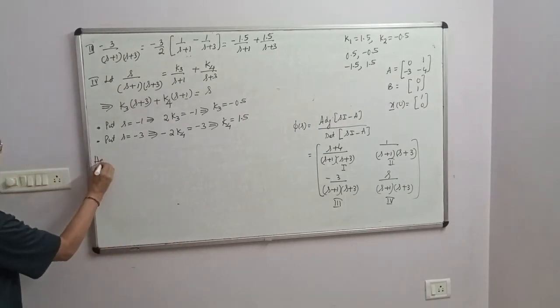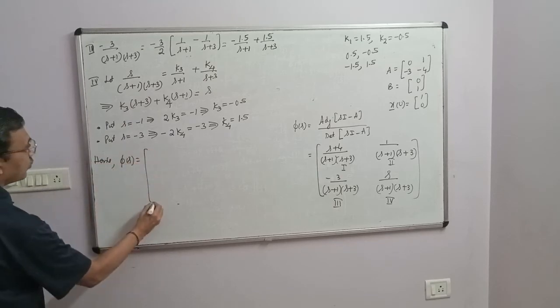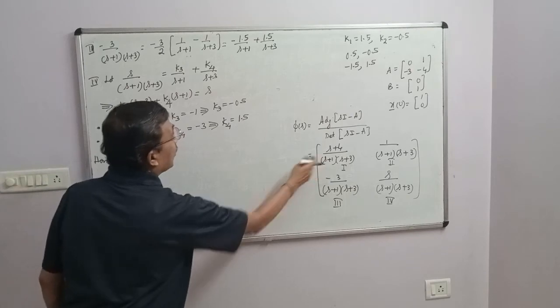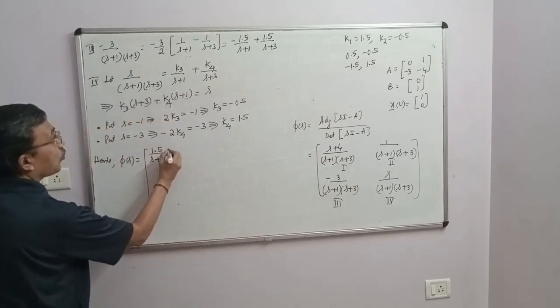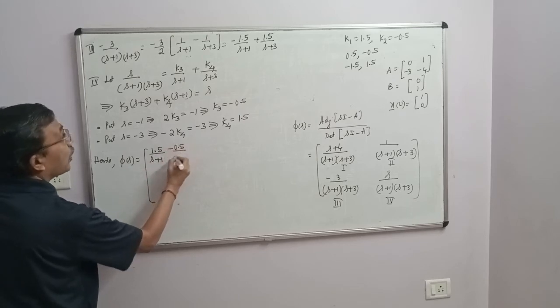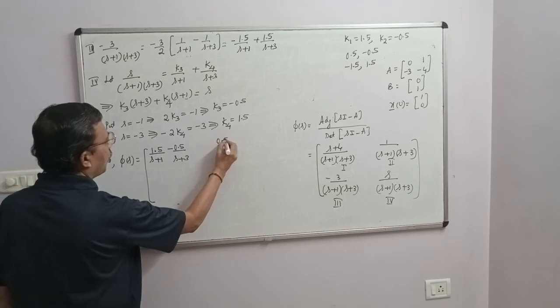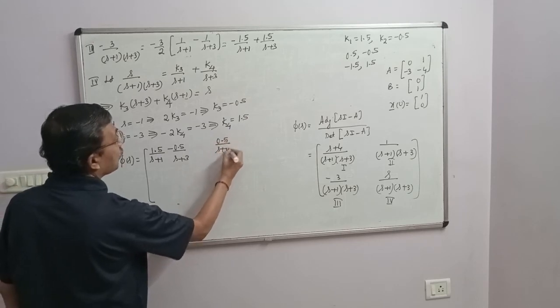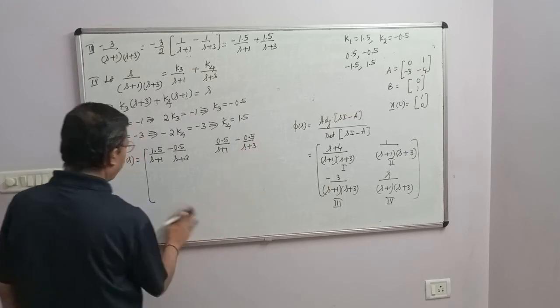Hence, phi of S is equal to, first term I will write as 1.5 divided by S plus 1 minus 0.5 divided by S plus 3. Second one I will write as 0.5 by S plus 1 minus 0.5 by S plus 3.